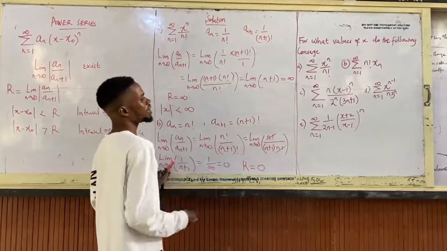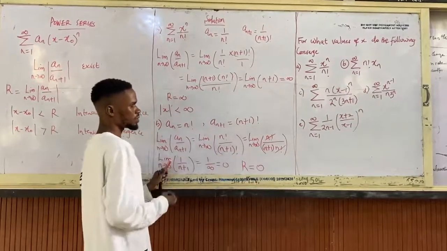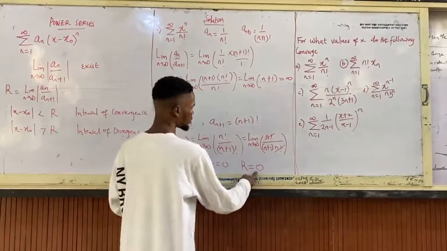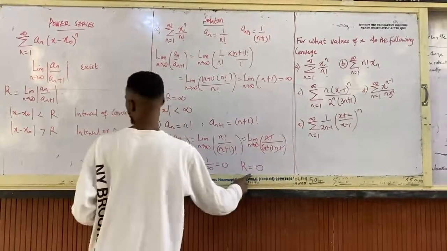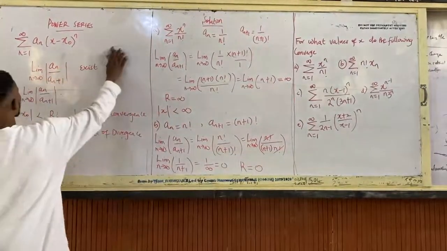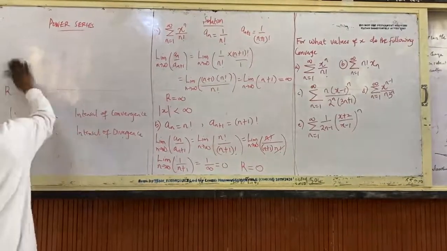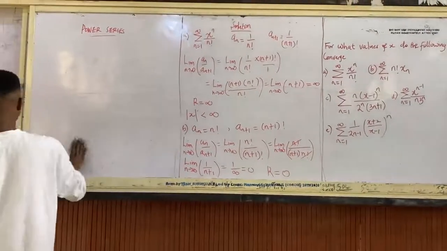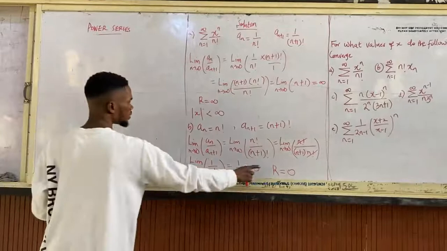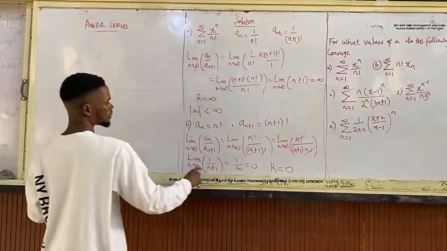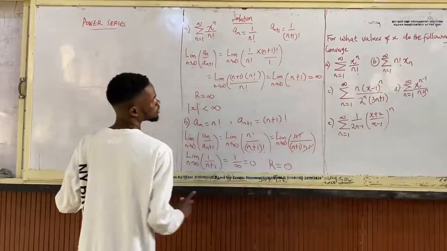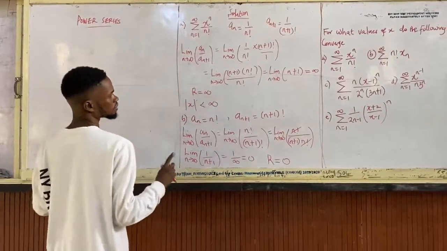So there's no way the absolute value of x will be less than 0. So the series doesn't converge. So r equal to 0 means it doesn't converge.